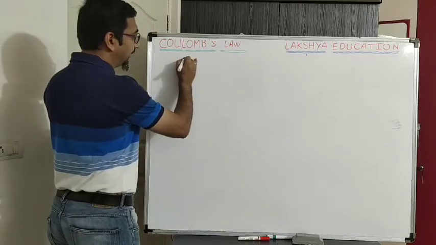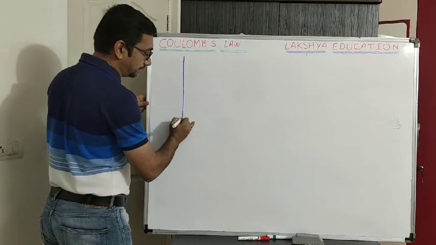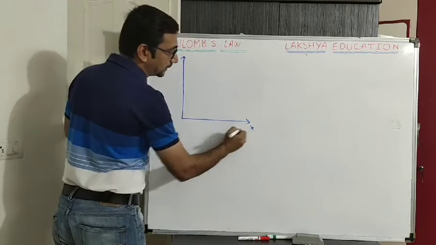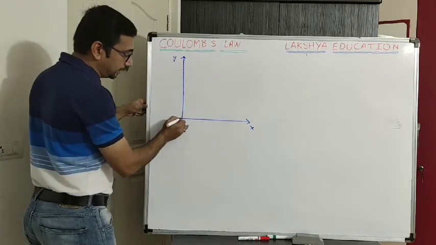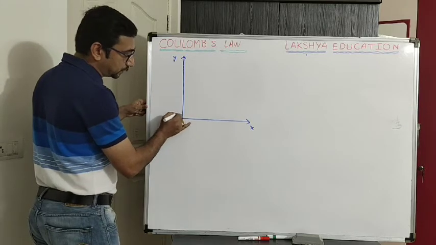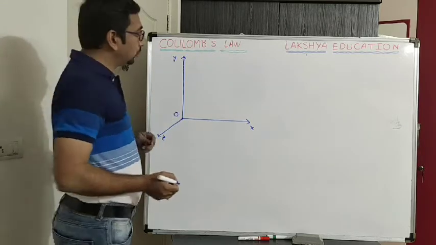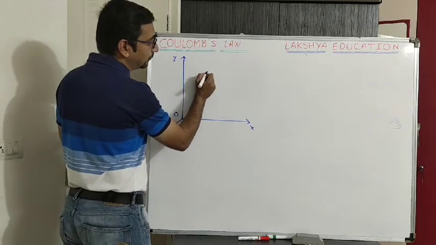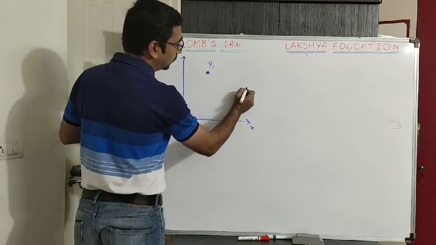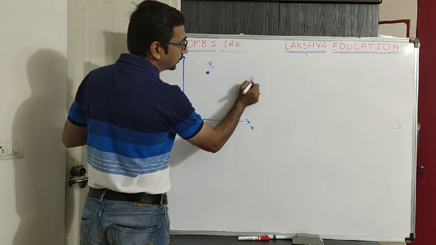So suppose we take a three-dimensional system. For example, this is the x-axis, y-axis, and this one is the z-axis. This is the origin. We have two point-like charges which are placed at specific points. Suppose this is charge q1 and this is another charge q2.